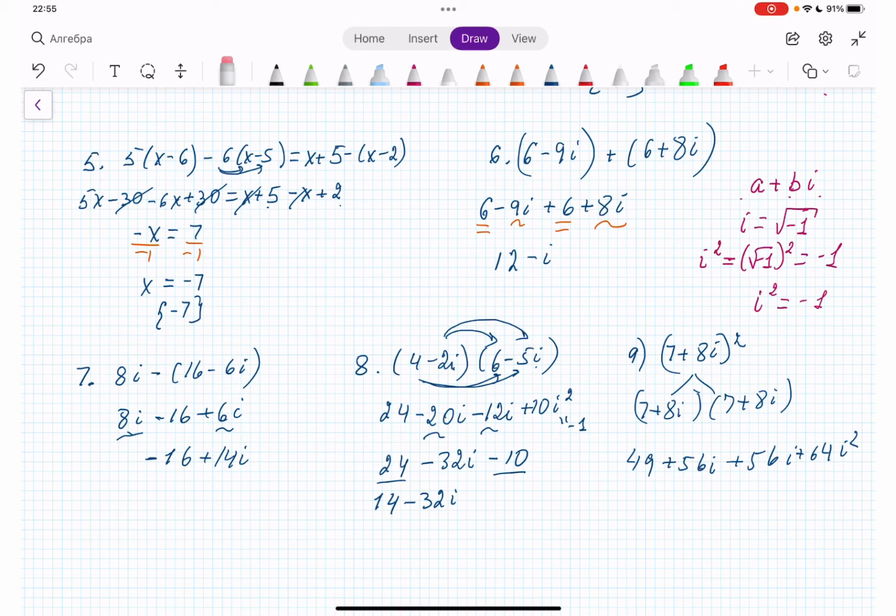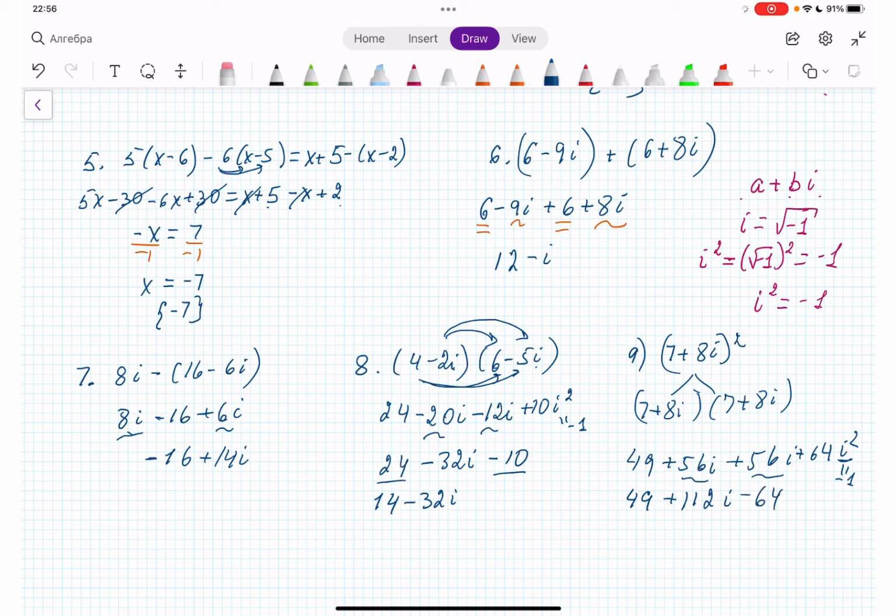49, 56, no, sorry. I just noticed, let me first get rid of i squared because it's negative 1. So 49, 56i and 56i is going to be 112i, and 64, since i squared is equal to negative 1, so it's going to be minus 64.